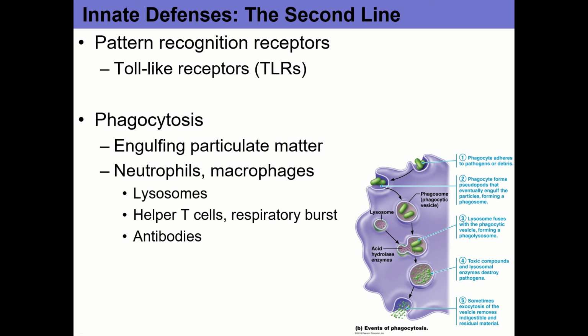So in order for the neutrophils and the macrophages to undergo phagocytosis, they have to be able to hook onto whatever that invading pathogen is. They have to recognize that specific receptor. Their receptor has to hook onto the receptor of the invading pathogen, and then they can start that phagocytic process.